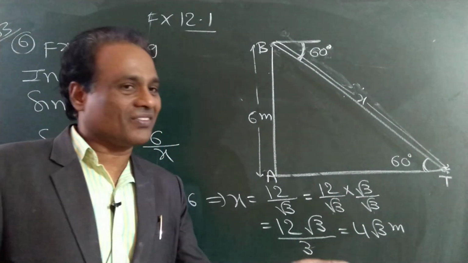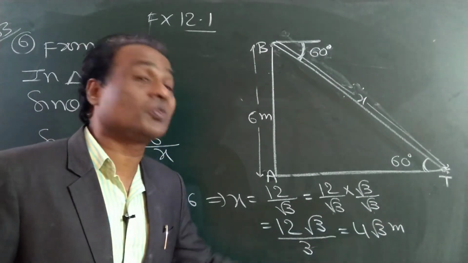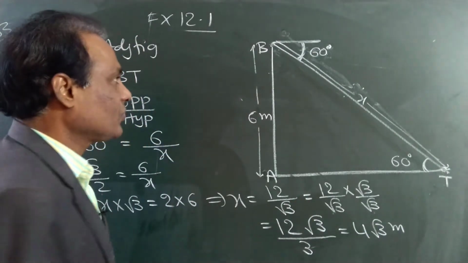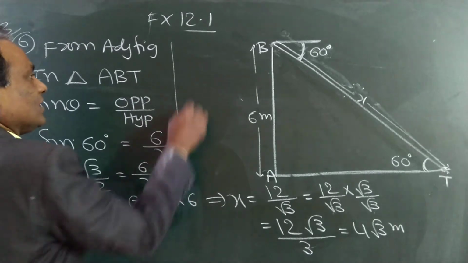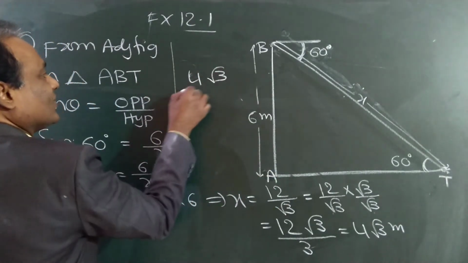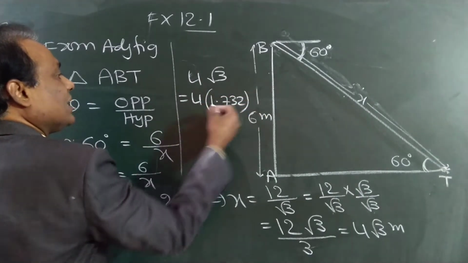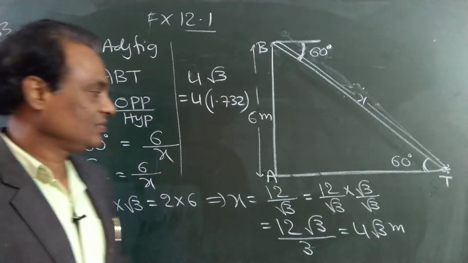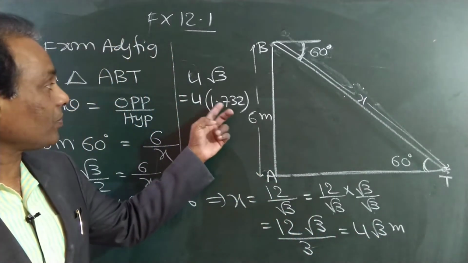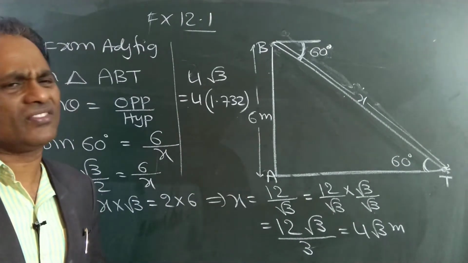So even yesterday we further simplified this. In the textbook answer, if it is further simplified, you have to simplify. How to simplify? You have to substitute the root 3 value. So 4 root 3 we can simplify like this: 4 into root 3 value 1.732. Then multiply, you will get the answer in decimals.